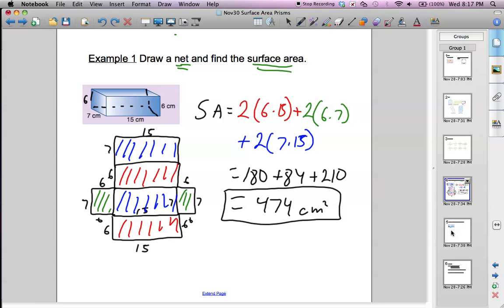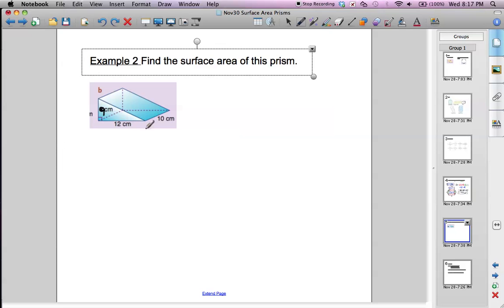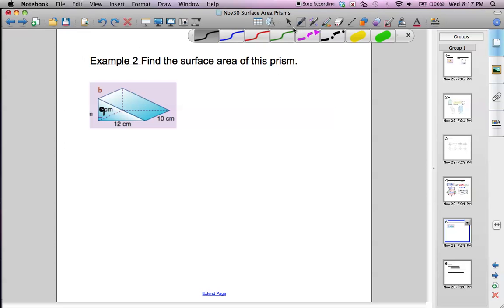We're going to go on to a triangular prism this time because the bases are triangular. You've got 2 triangular faces, and the other 3 faces are rectangles. So firstly for this one, we're going to get the area of one of those triangles.